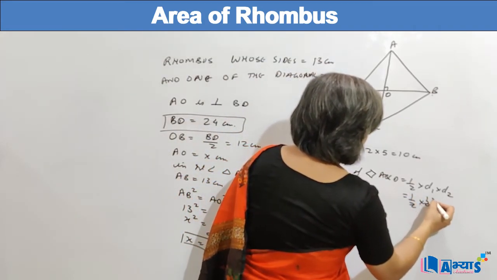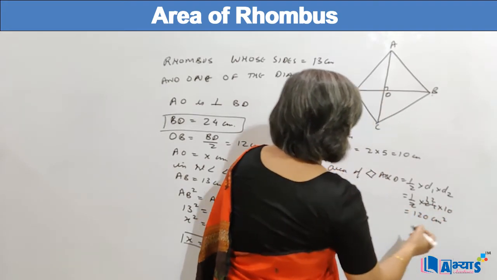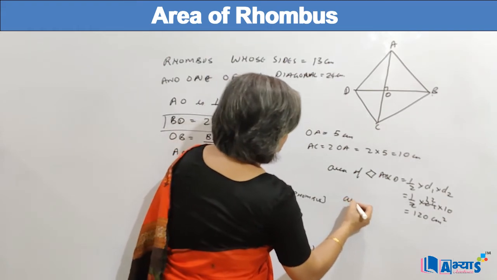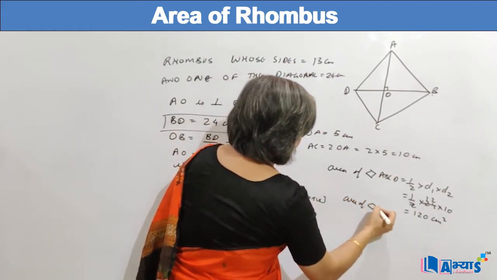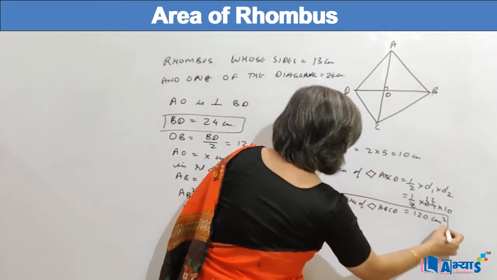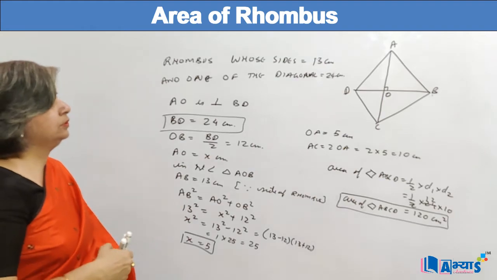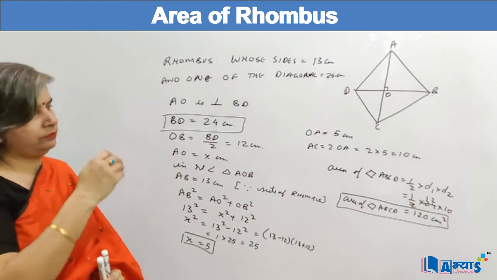I will cancel out, it will be 12 into 10, which is 120 centimeter square. So this is the area of the rhombus ABCD, because the area of the rhombus is equal to the product of the diagonals into half. So this is how we can find the area of the rhombus.